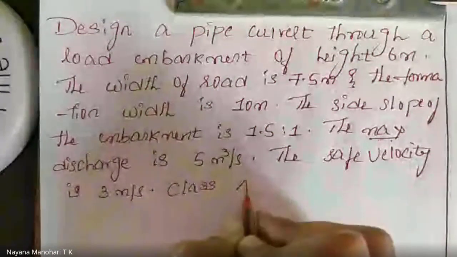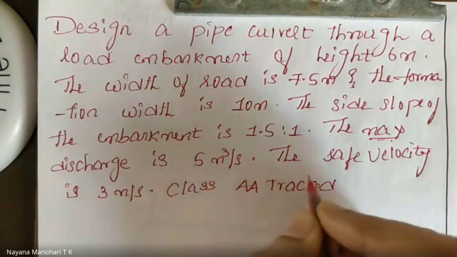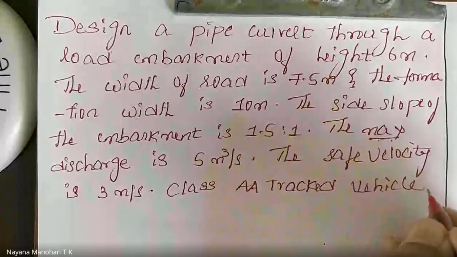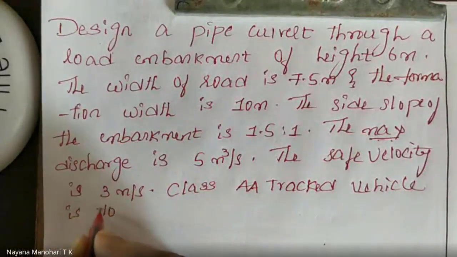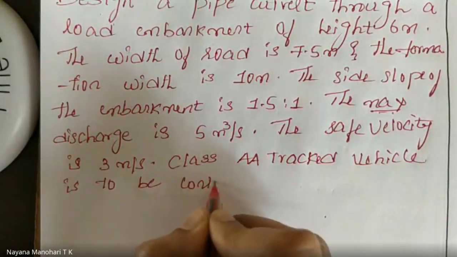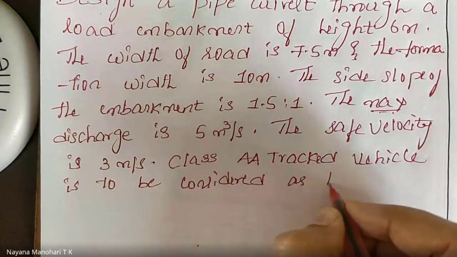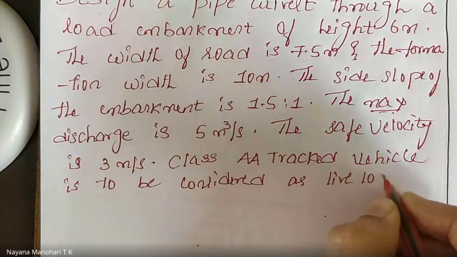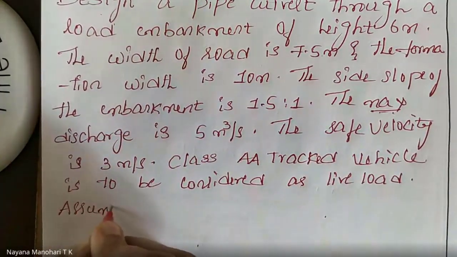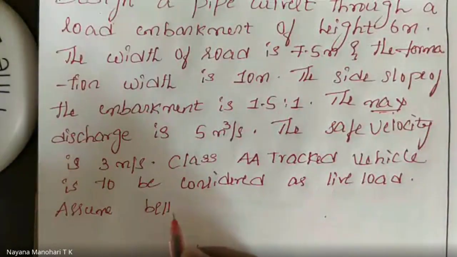Class AA tracked vehicle is to be considered as live load. Assume bell-mouthed entry.